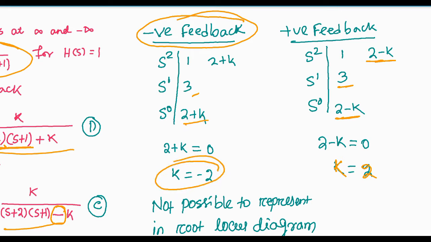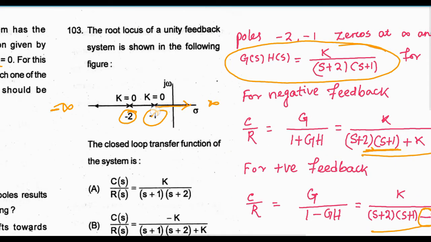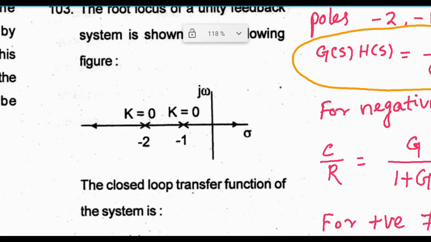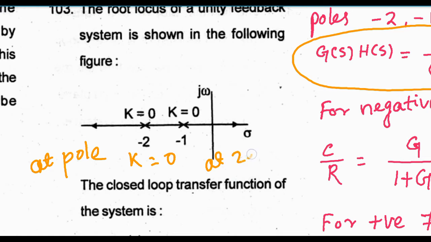and here k will be equal to minus 2. And in case of a root locus diagram, a negative value of k is not allowed, because from 0 to infinite, at the pole the k value will be 0, and at the zero the k value will be positive infinite.